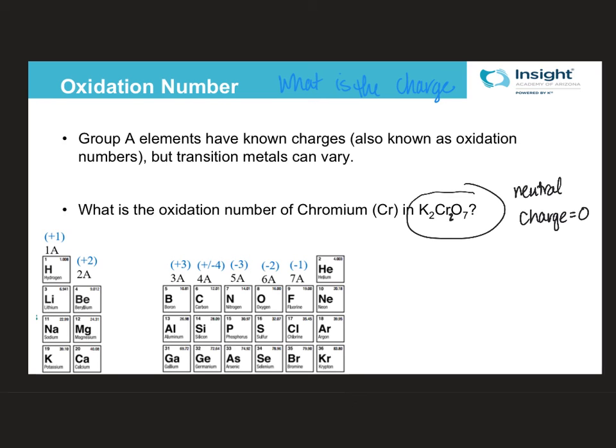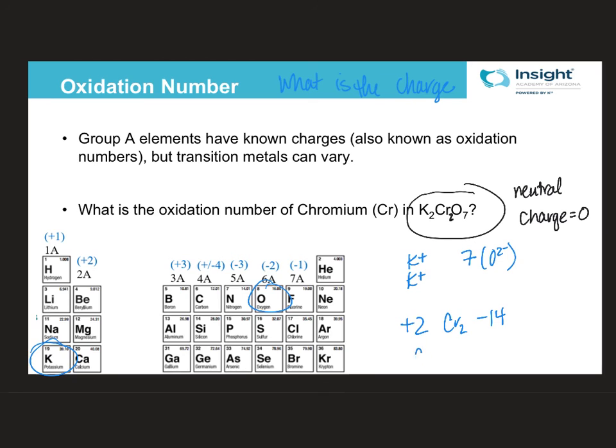So what we can do to figure that out is break this up. I know that potassium is +1, so I've got 2 positive potassiums. And I know that oxygen is 2-, so I have 7 O2-. Which means I have +2 from my potassiums, -14 from my oxygens, and then I have 2 Cr's.